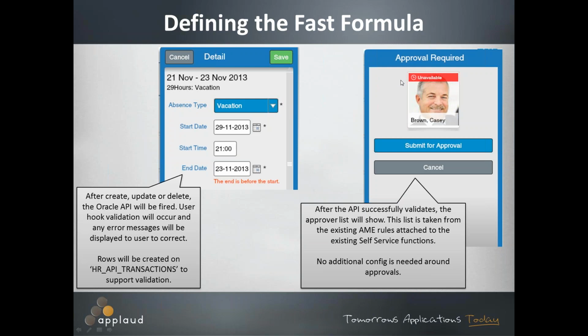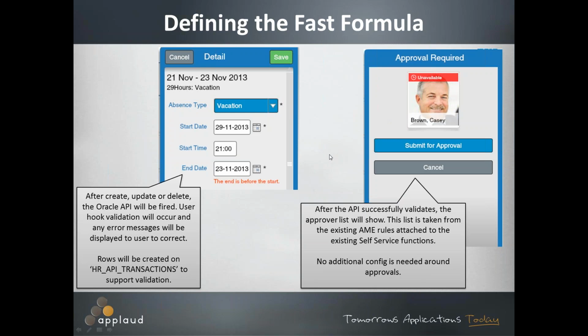We basically run AME against the function that you specified in P called from, and we'll determine the approvers for you. There's absolutely no additional configuration you need to do in AME. So if you've done all your approval setup already for self-service, you're done. You just have to change that function parameter on our data function. We inherit everything else.